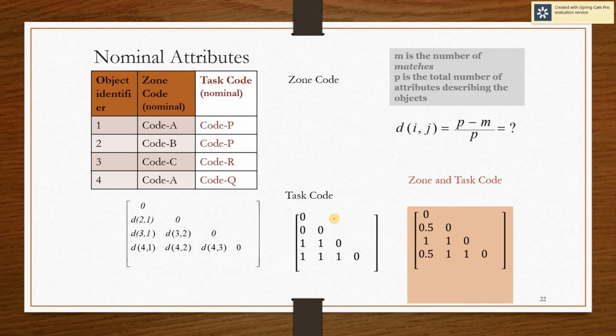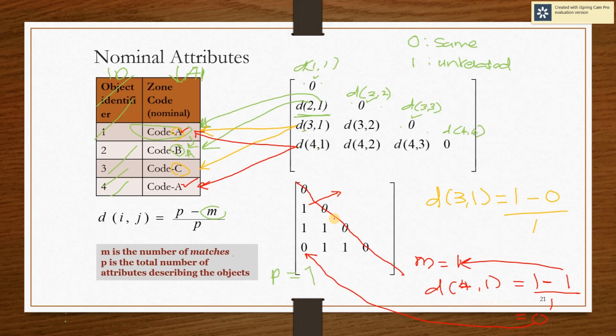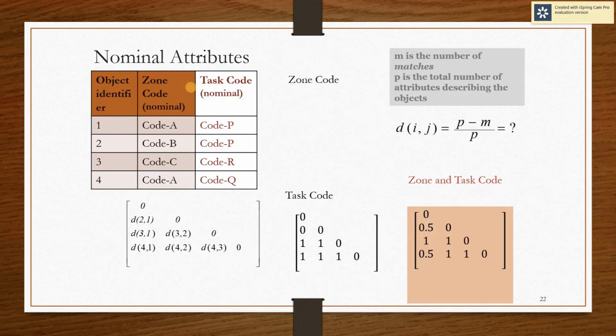Say we have two attributes now. Just now we had only one attribute, A1, the zone code. Now the second attribute is the task code. If we have two attributes, what would be our P? P would be 2. P represents the total number of attributes describing the object.